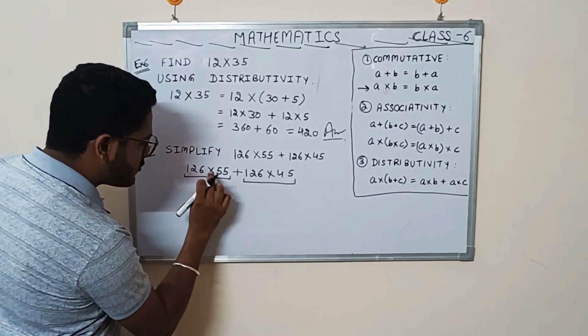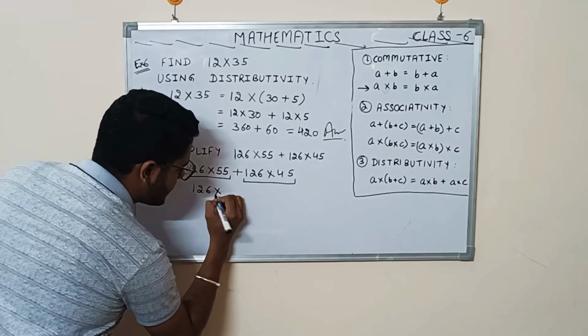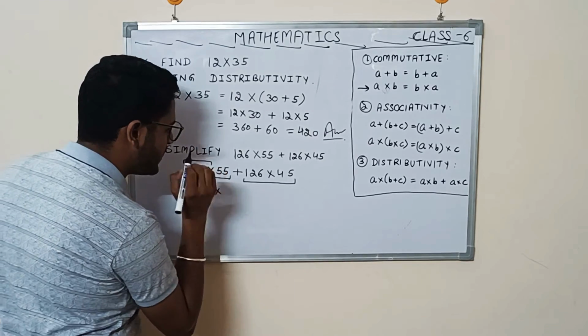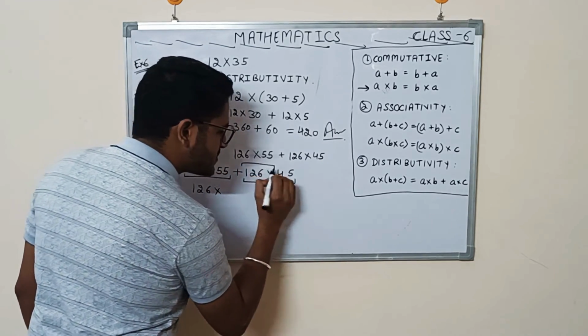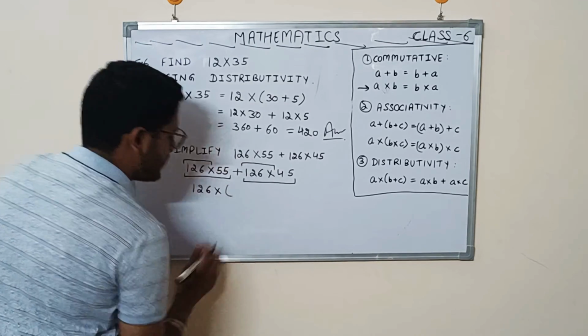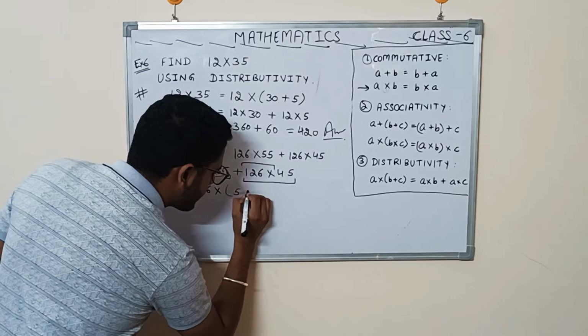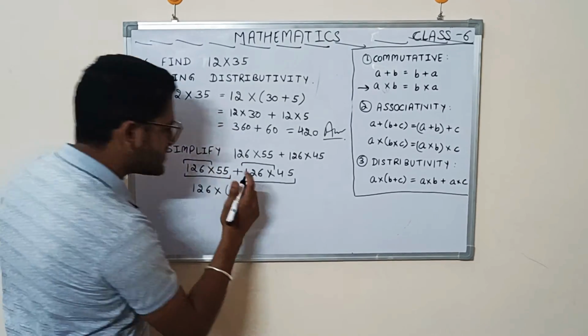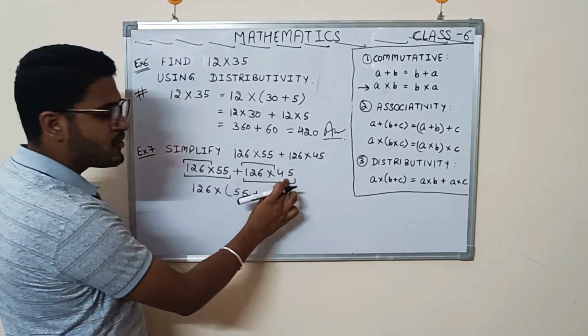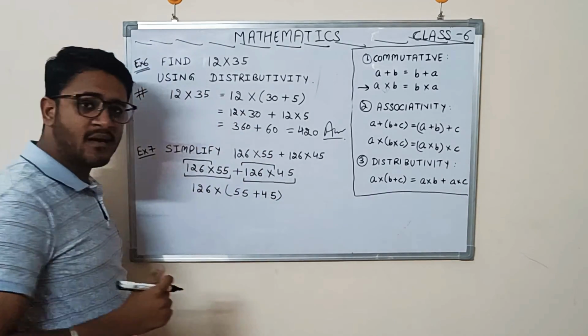We can take 126 into common. 126 from this part and 126 into this part, right? We have taken this common. So now what we are left with is 55 plus 45, right?